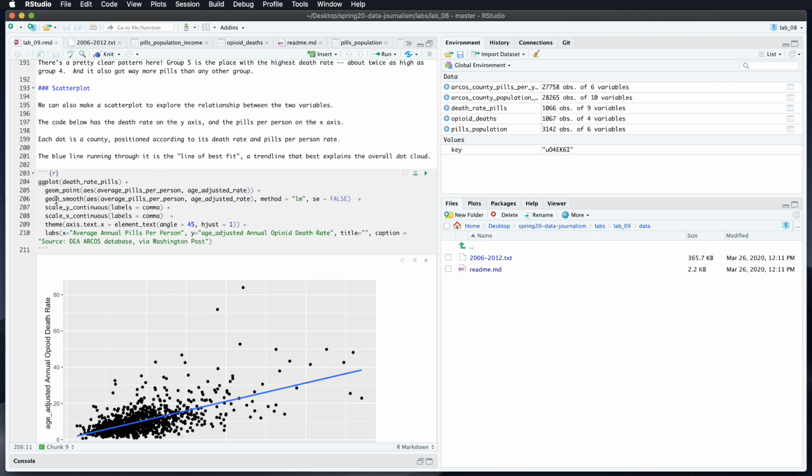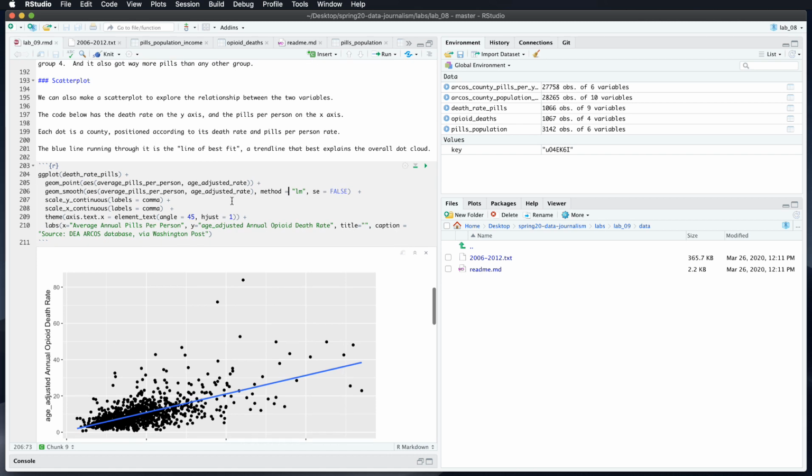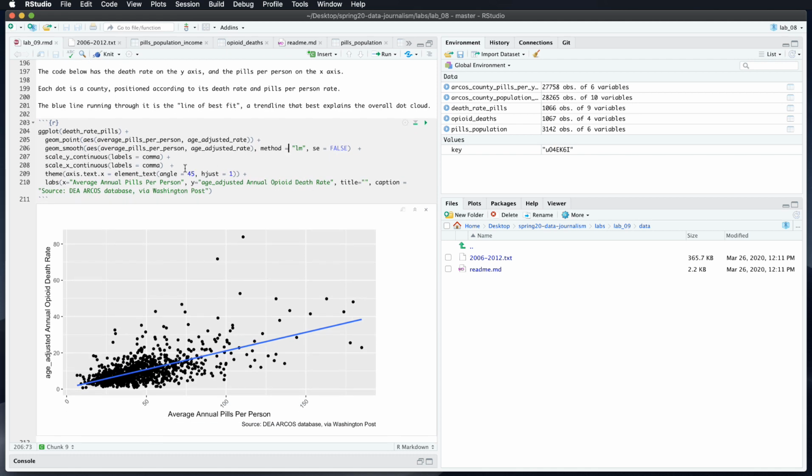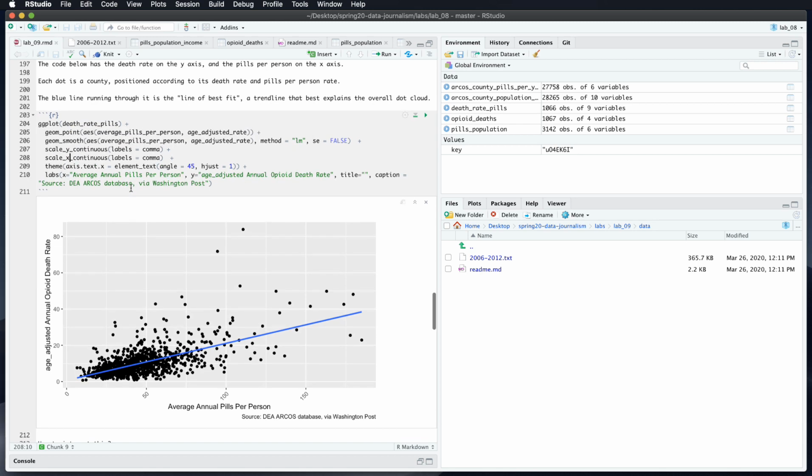Then geom_smooth says draw a trend line with pills per person and age-adjusted rate. This is lm, or linear model, here. We're saying scale_y_continuous, scale_x_continuous, which is essentially just cleaning up the data a little bit. And then we're putting some labels on it.